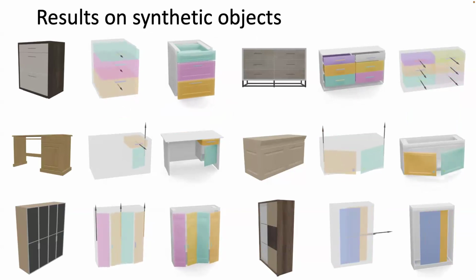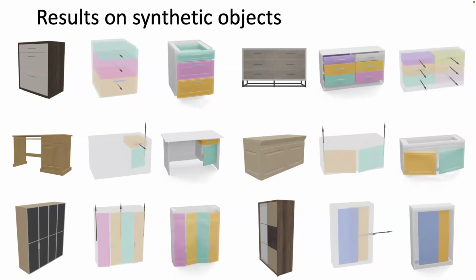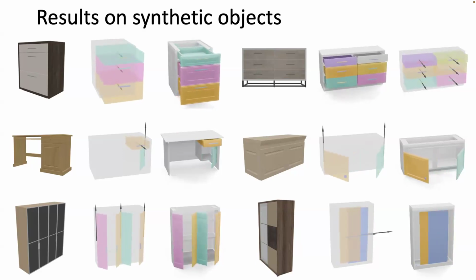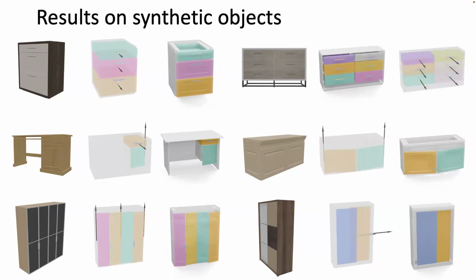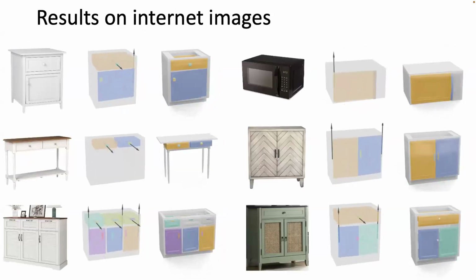But there are some results here on synthetic objects from synthetic data sets. Rendered images on the left in each triplet are the input, and then the two columns to the right show the output object. And a few more results here on internet images.